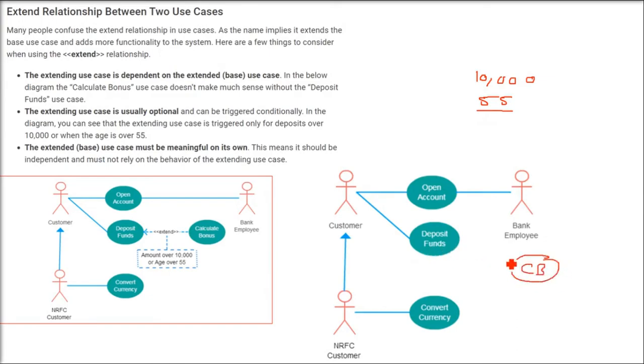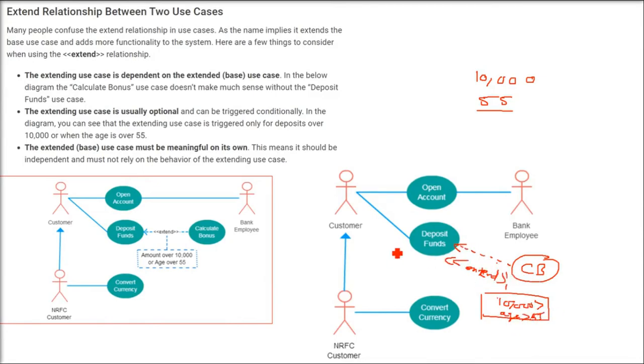So we have a calculate bonus use case, with a line from calculate bonus to deposit funds. We will add extend here, and this is only done when certain conditions are fulfilled. Otherwise, there has to be some trigger. You can also write it here: above 10,000 and age should be greater than 55.